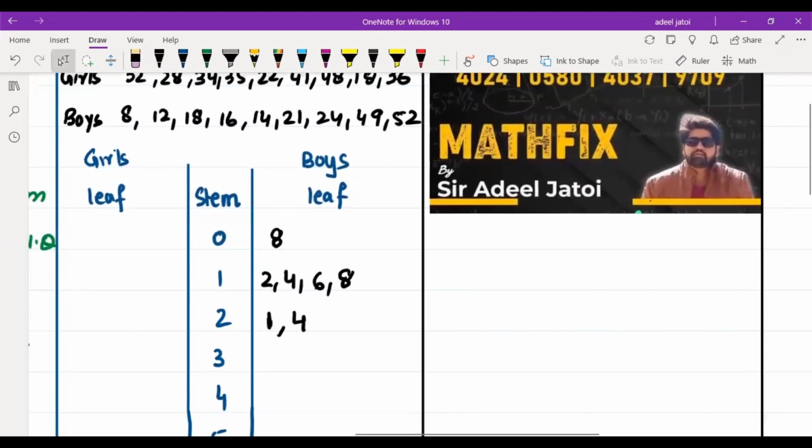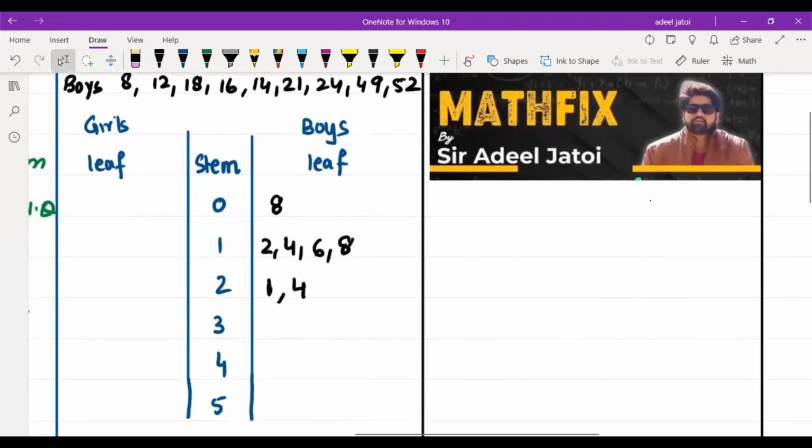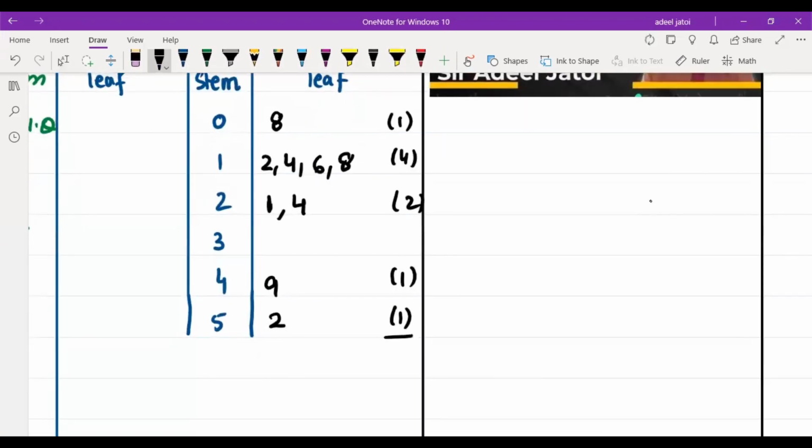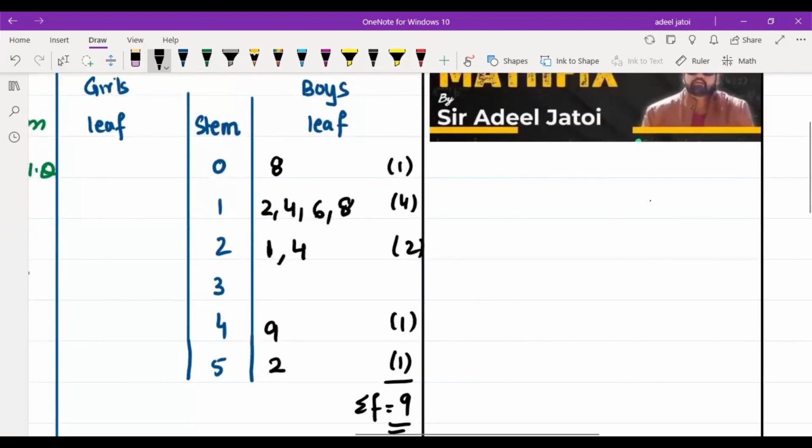We do not have any value in 30 for boys, so we will leave that point empty. Whereas in 40 we have 49, and for 50 we have 52. If we write down the frequency, this should be 1, 4, 2, 1 and 1. So 6, 7, 8, 9. The summation of f for this will be 9, which is an odd data.